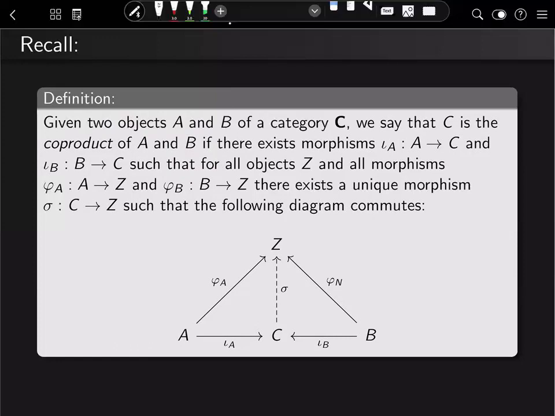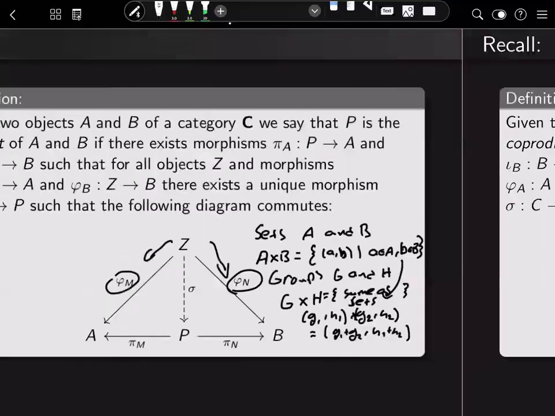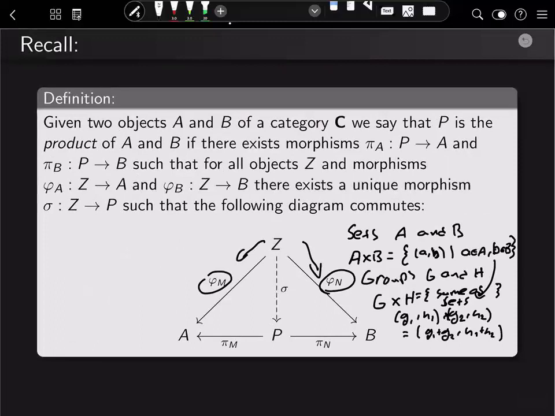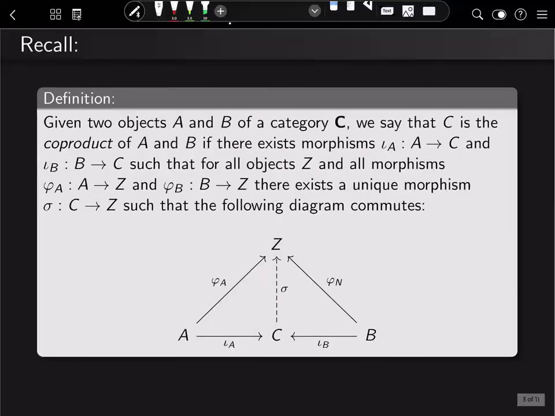So it's the coproduct. We always think of when we label things with the prefix co, that it reverses the arrows. And we can see that these diagrams are very similar with all the arrows in the reverse direction. Now, like we said, in the category of sets, the disjoint union satisfies the categorical coproduct.